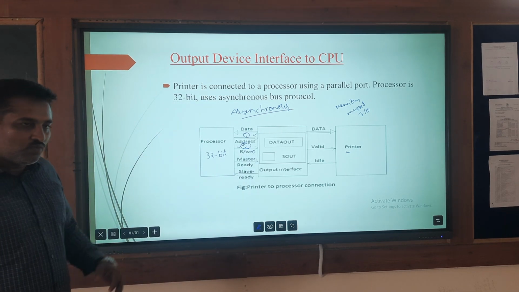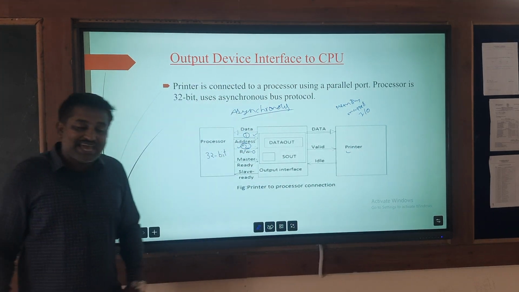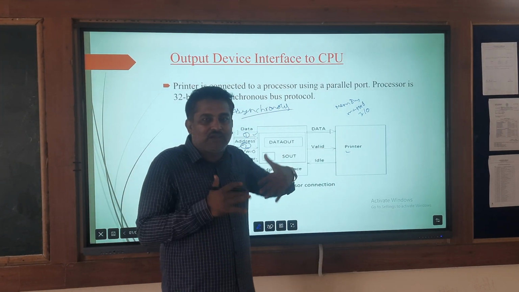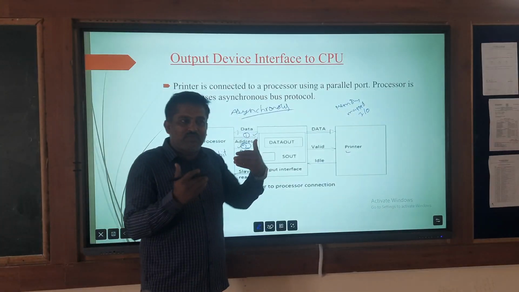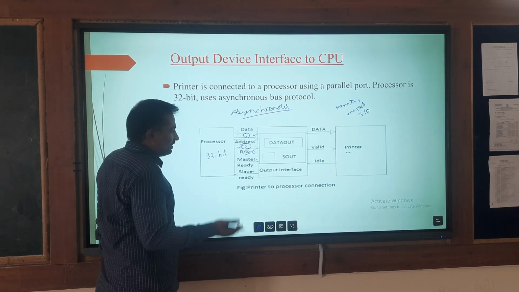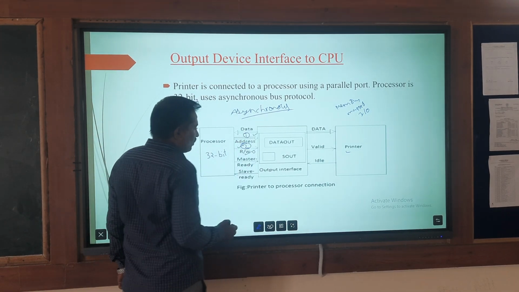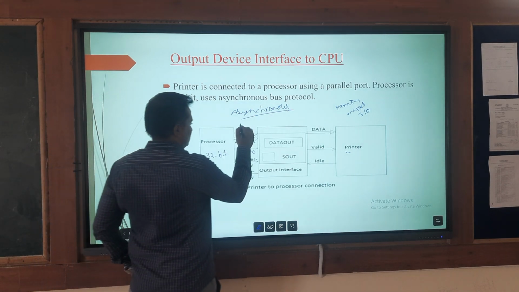Once we decide what type of operation we are going to perform, then we can get a clear idea whether we are going to perform the read operation or the write operation. Here it is a write operation. The next step is we are going to place the data on the data lines.